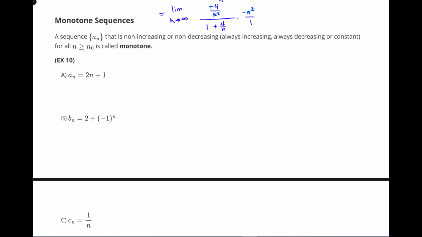So for instance, here's the first sequence we'll look at. A sub n equals 2n plus 1. Now, I think we're familiar enough with what that would look like so that we don't need to pull up a chart or anything. This is going to be a linear function, so the points would increase in the pattern of a line.